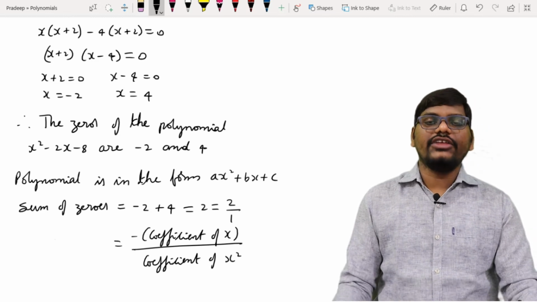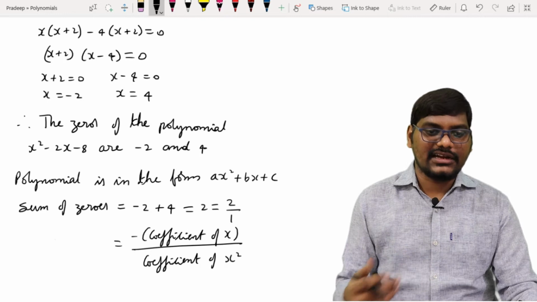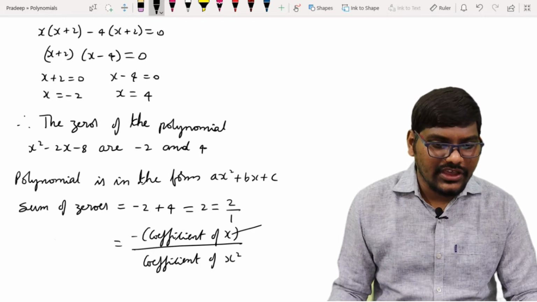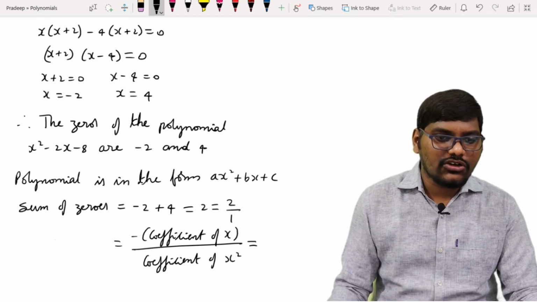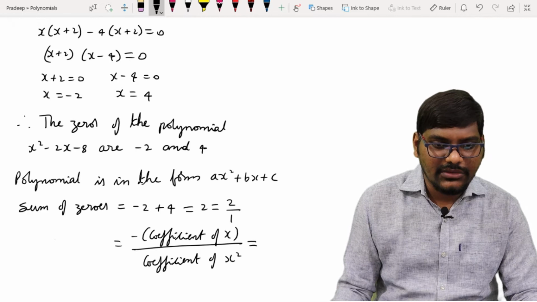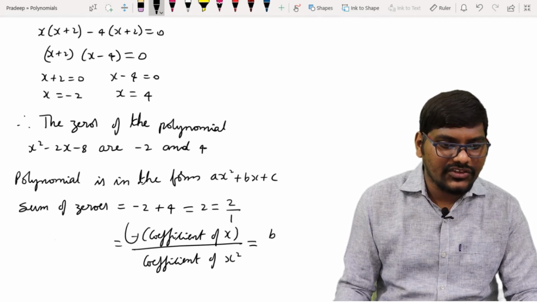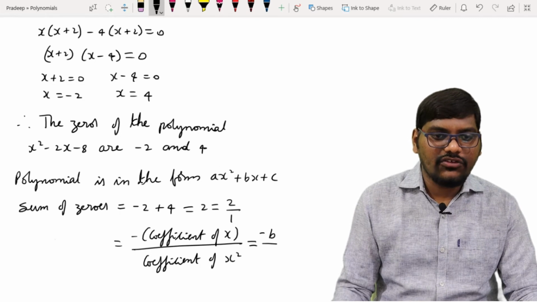We have already seen that while observing the introduction of this content: coefficient of x in the numerator, coefficient of x square in the denominator. Coefficient of x is nothing but b, but the minus is there as a sign, so I can write minus b. The coefficient of x square is a, so I can write minus b by a.